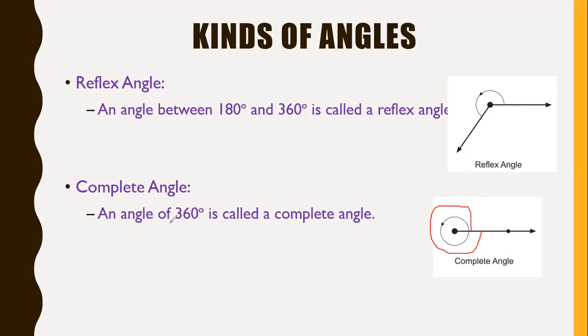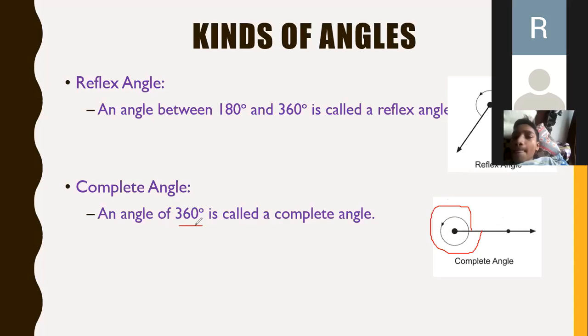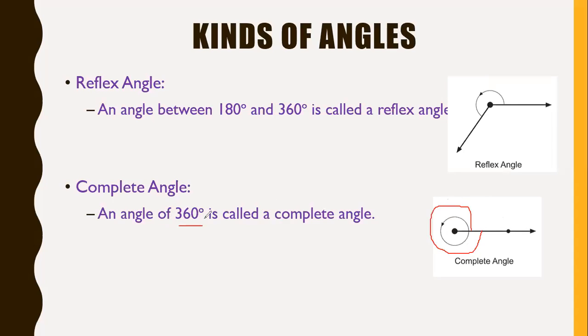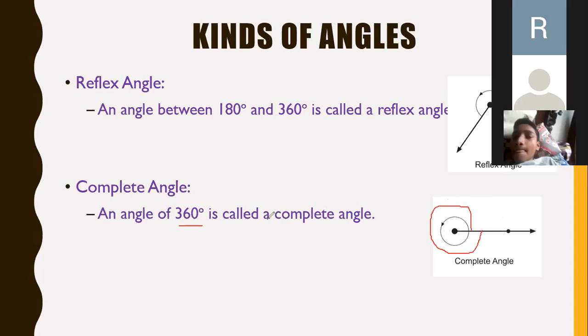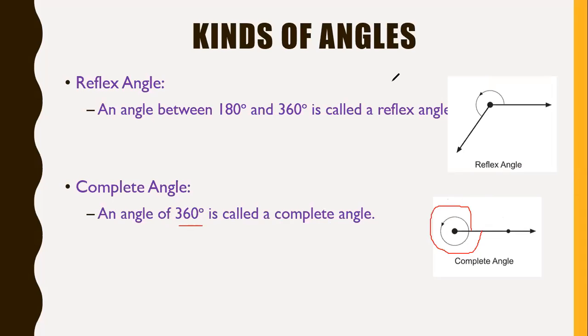An angle of 360 degree. When we take a complete rotation, we get a 360 degree angle, right? So an angle of 360 degree is called a complete angle. Got it?